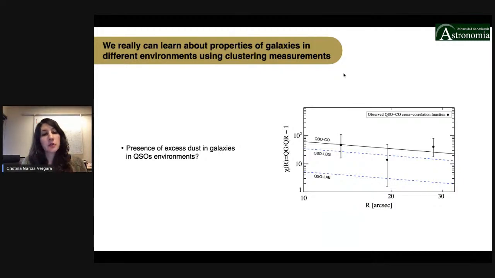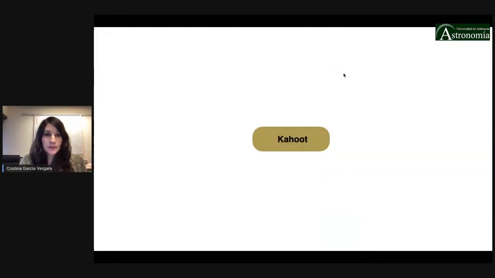In particular, I talked about quasar environments, and just based on clustering measurements, we can more or less demonstrate that galaxies around quasars are probably more dusty compared with galaxies in random locations. Then, that is all for today, actually.